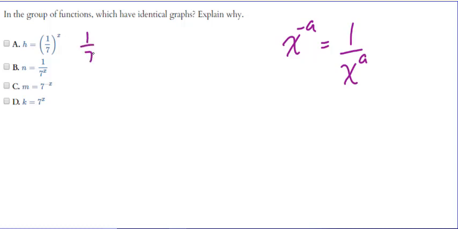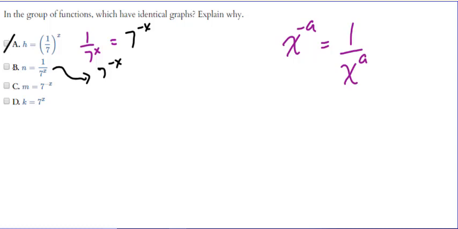1 over 7 to the x. The reason I can write that is 1 raised to any power is just itself. And if it's in the denominator, I can move it up to the numerator like this, 7 to the negative x. Same thing with this one, 7x, so it's 7 to the negative x.